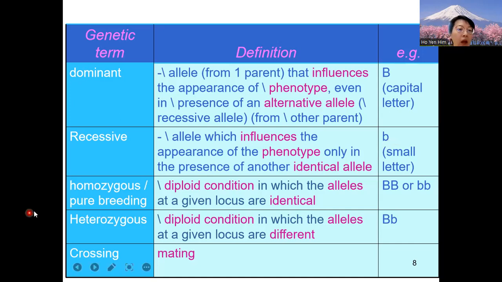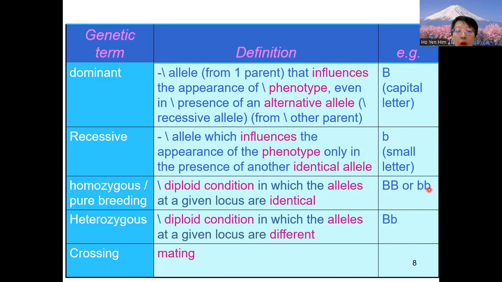Now, homozygous, which is also called pure breeding, means that the two alleles under consideration are the same. It is the diploid condition in which the alleles at a given locus are identical. So big B big B is called homozygous. Small b small b is called homozygous.